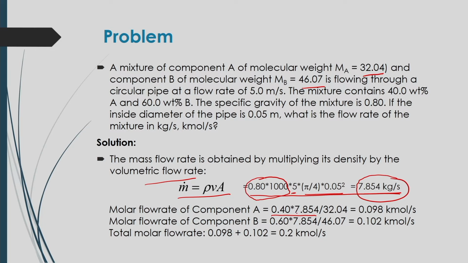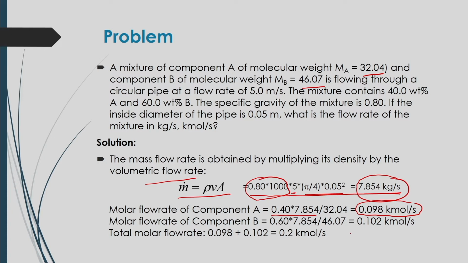So, this will be mass fraction into total mass flow rate, then you will get the total amount of component A per unit time. It will be in kg per second of component A, and if you divide it by its molecular weight, then you can get simply the moles per second. It will be expressed here as kilomole per second.